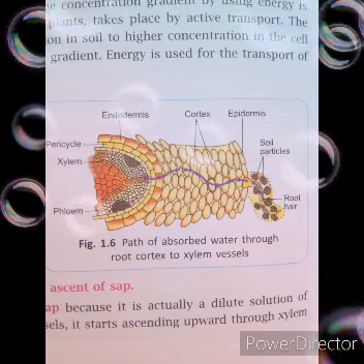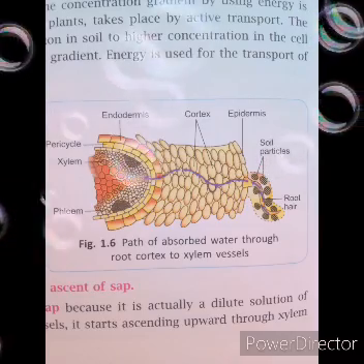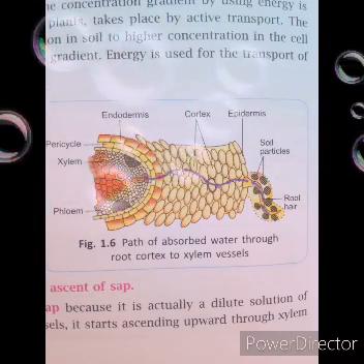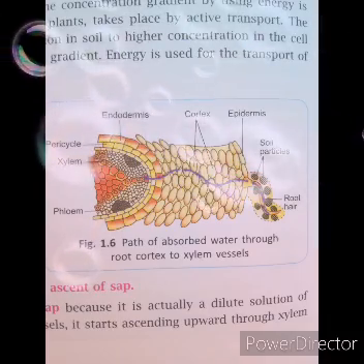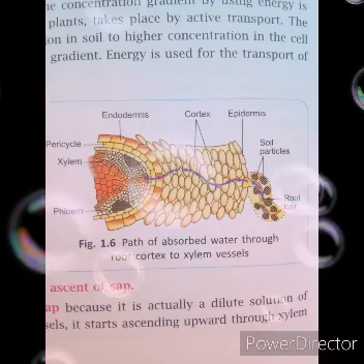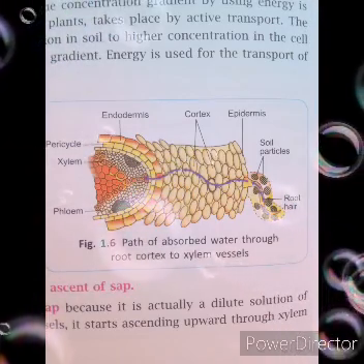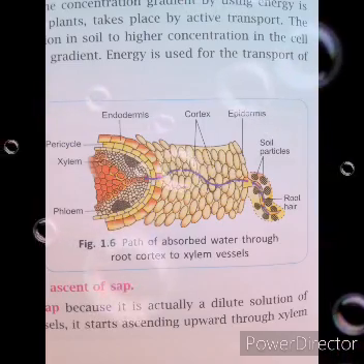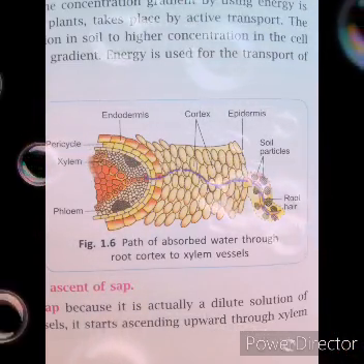The cortical cells are present, then the endodermis, the pericycle, the phloem, and then the xylem. When the roots take the water from the soil, they shift this water from cell to cell towards the xylem vessels, as you can see in the picture.